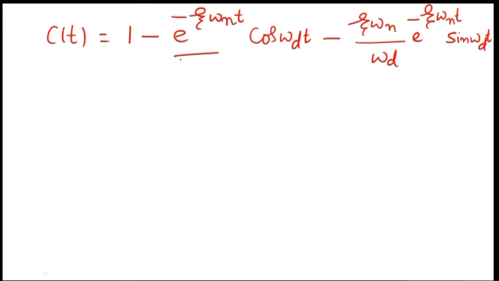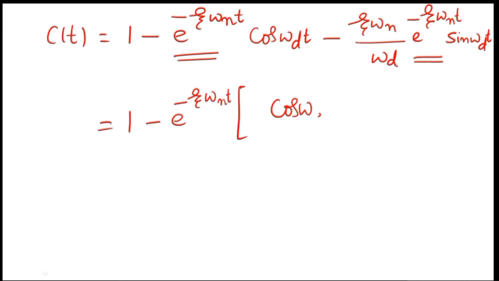So here if you observe, e power minus zeta omega n t is common in these two. So 1 minus e power minus zeta omega n t, bring this out, cos omega d t plus zeta omega n by omega d into sin omega d t.